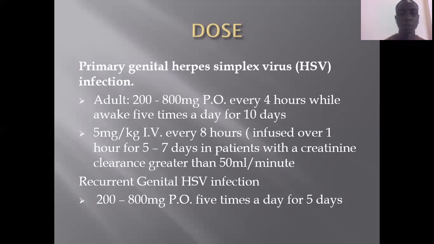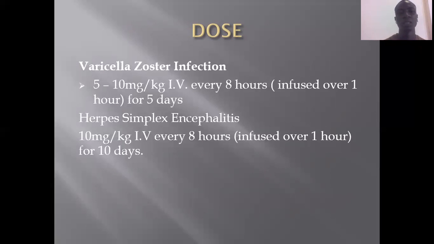Recurrent genital herpes virus: you give 200 to 800 milligrams orally 5 times a day for 5 days. Varicella zoster infection, we're talking about chickenpox: you can give 5 to 10 milligrams per kg body weight IV for 8 days.